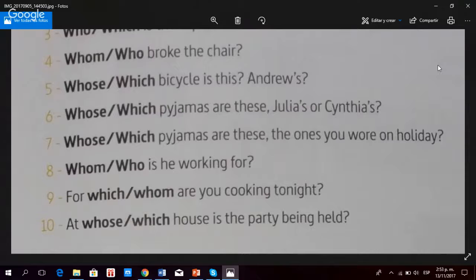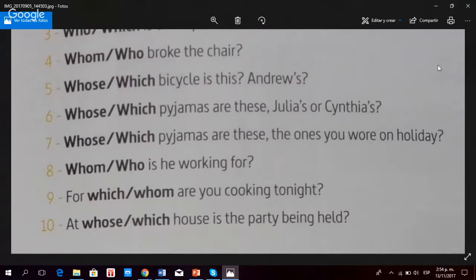Are these Julia's or Cynthia's? Whose. Yes, whose. Which pajamas are these? The ones you wore on holiday? Which. You're right, which.